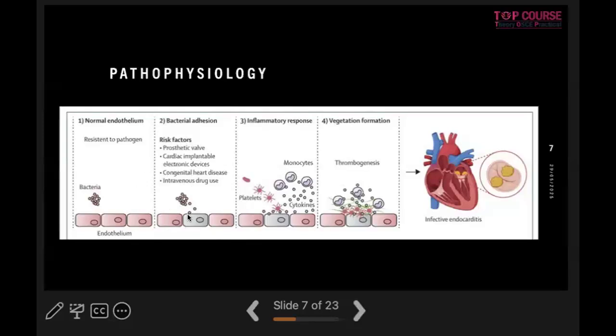Once the bacteria adheres to the endothelium, there is stimulation of the inflammatory response, and cell-mediated, chemokine-mediated, cytokine-mediated factors come into play. Integrins, tissue factors, adhesion molecules all play a role, and they attract the monocytes and the platelets with the associated production of fibronectin, which leads to thrombus formation. So once the thrombus forms, it starts embolization into various organ systems.